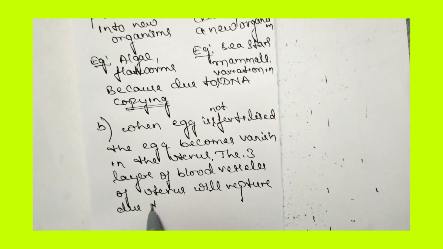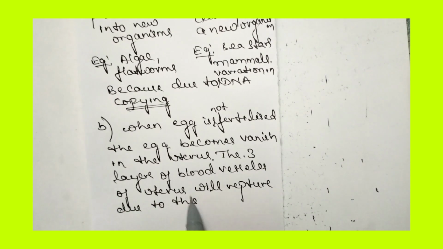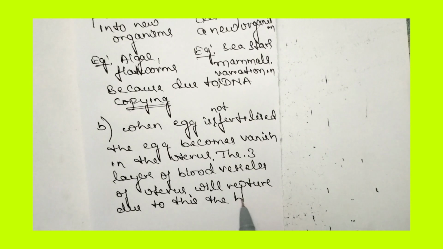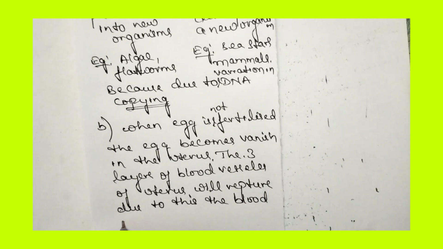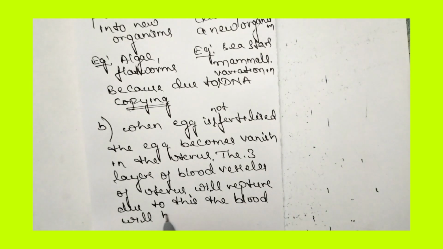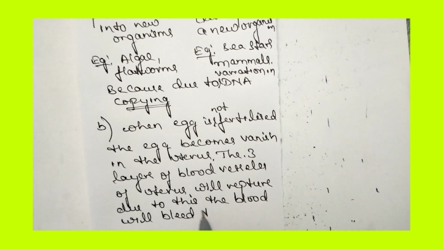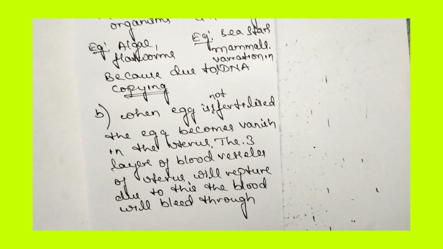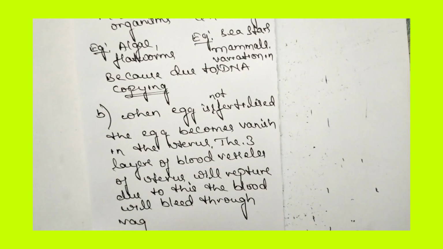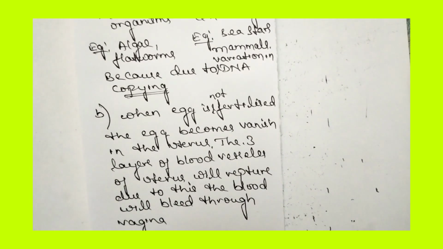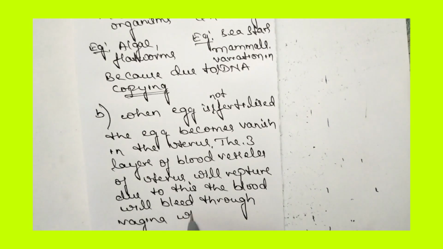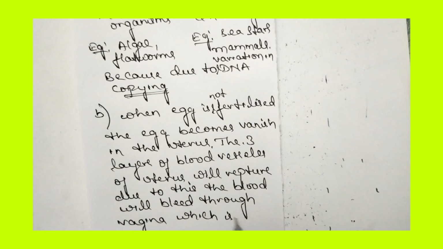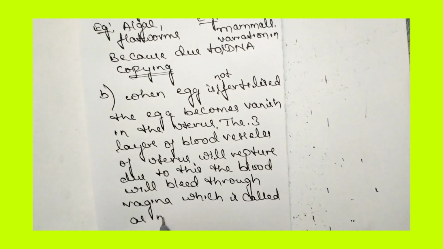Due to this, the blood will bleed through the vagina, which is called the menstrual cycle.